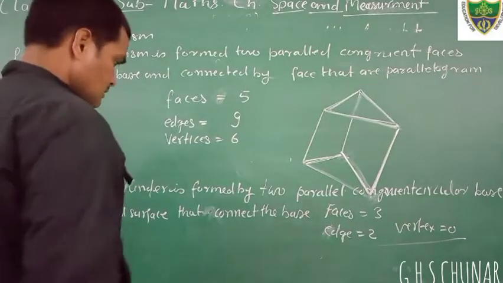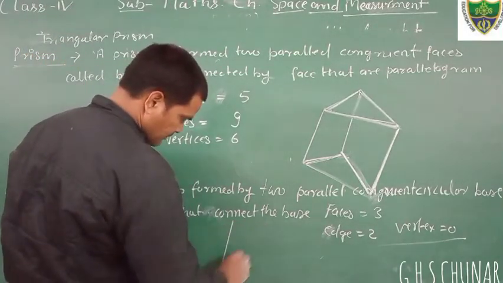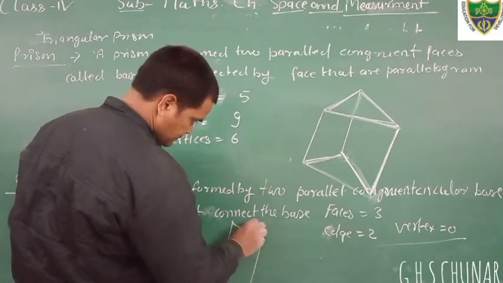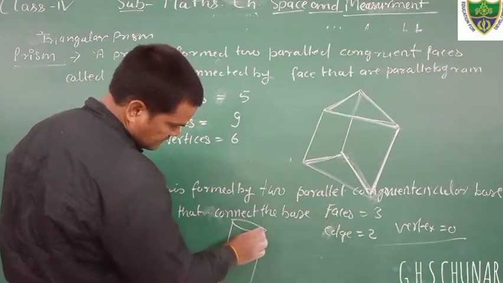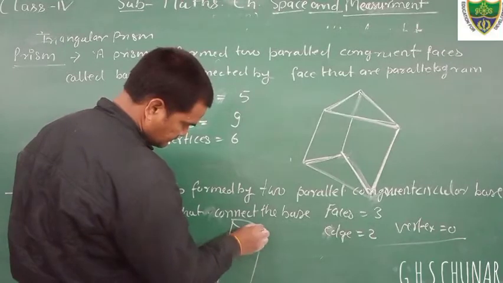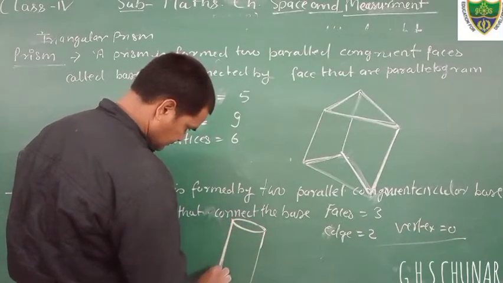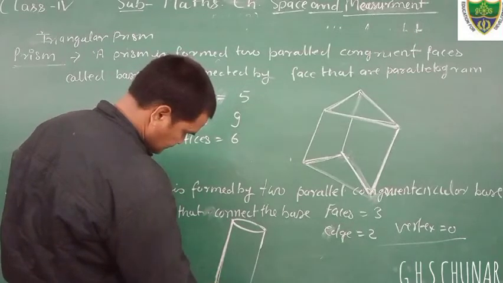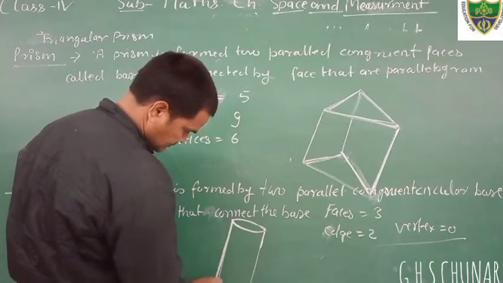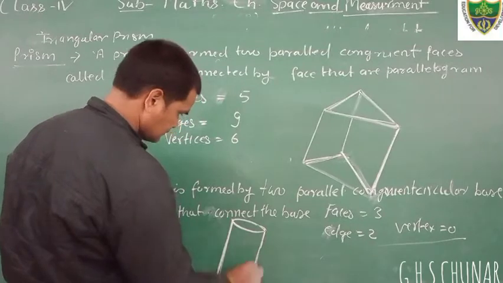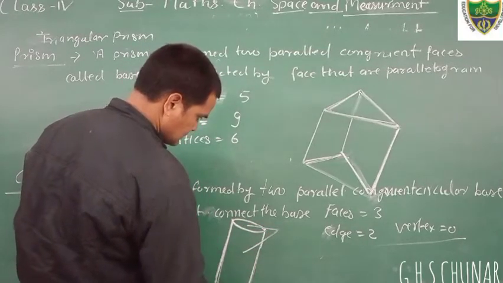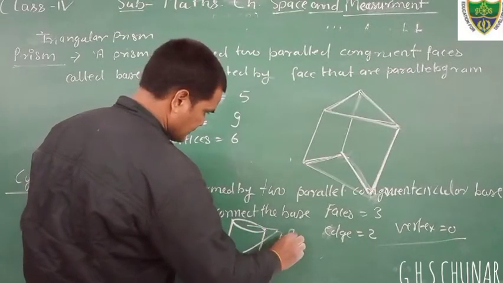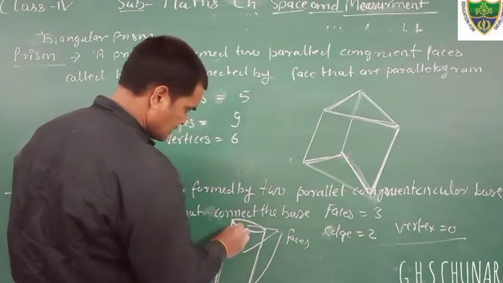You can write this is the shape of cylinder. 1, 2, and this 3 faces.